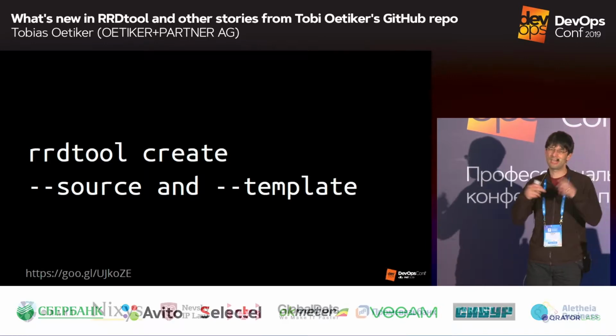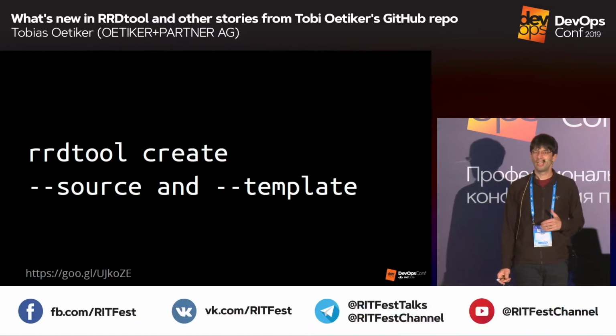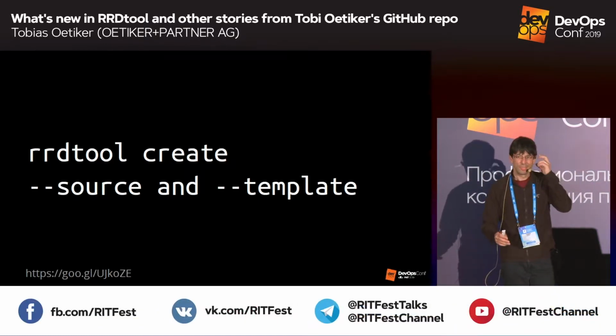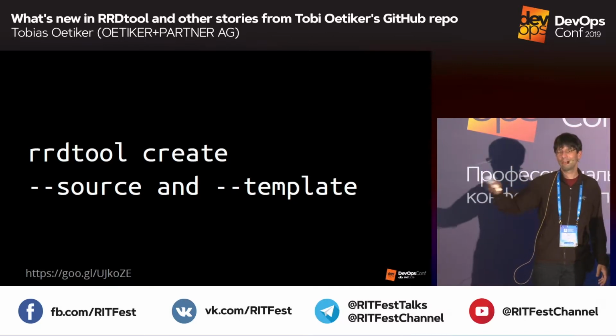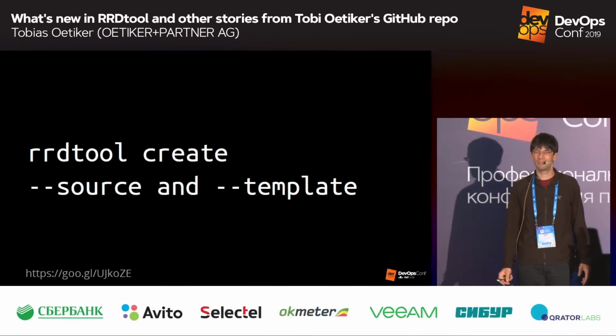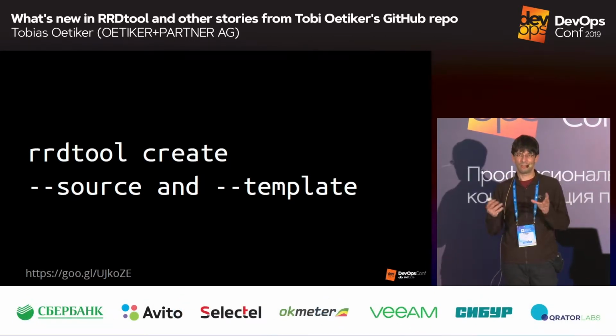And the new database can have a different structure, different sampling intervals, a different number of inputs, a different storage configuration, and if you specify a source, then all the old data from that source will be integrated into the new RRD database. So in that way, you can drastically modify your database without losing any data.